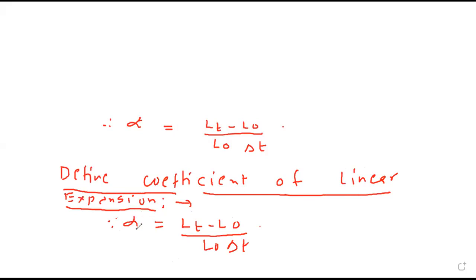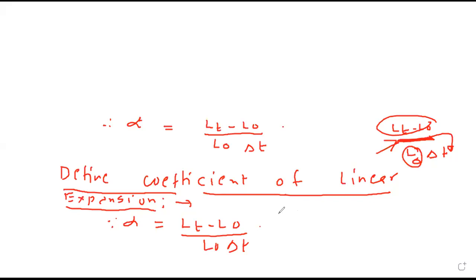Coefficient of linear expansion is defined as increase in original length. What is LT minus L0? Increase in original length, correct? Yes, sir. This line can I say per unit original length at 0 degrees Celsius per degree rise in temperature. Upon is called per.